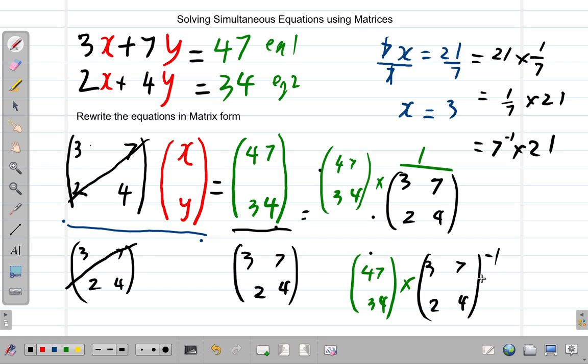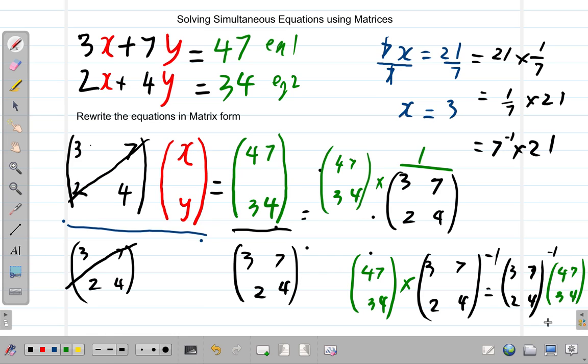Now, if you try to multiply a 2 by 1 matrix by a 2 by 2 matrix, it wouldn't work. But you could multiply a 2 by 2 first and then the 2 by 1. So if we put 3, 7, 2, 4 inverse first, and then the 47, 34 after, then things could work out for us.